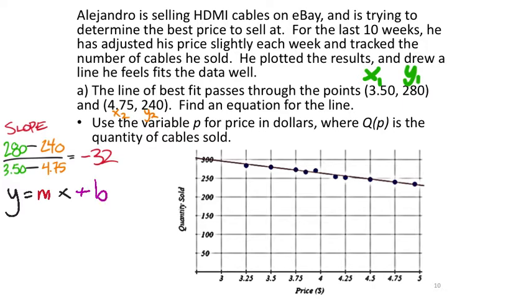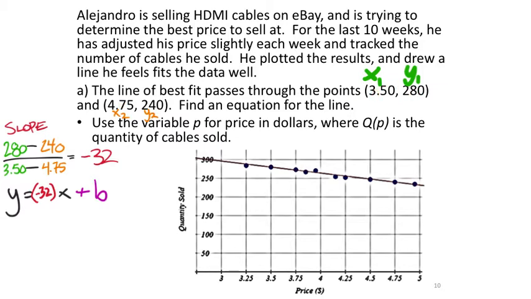So remember, in this slope-intercept form, b is the actual y-intercept. We just found the slope, by the way, so I can replace the slope there with negative 32, right? Now, the other thing we see is that we got two ordered pairs that we can choose from for the x and y values in this slope-intercept form, because x and y are x and y values in an ordered pair. You can use this one, you can use this one.